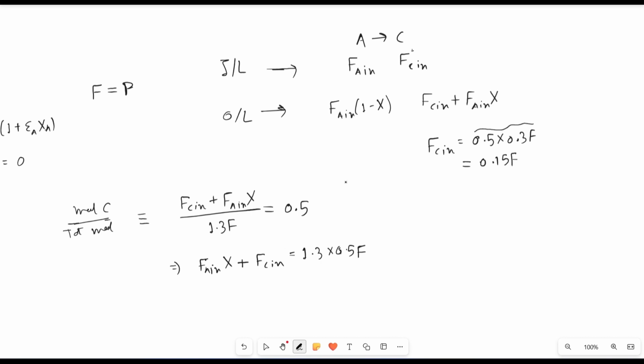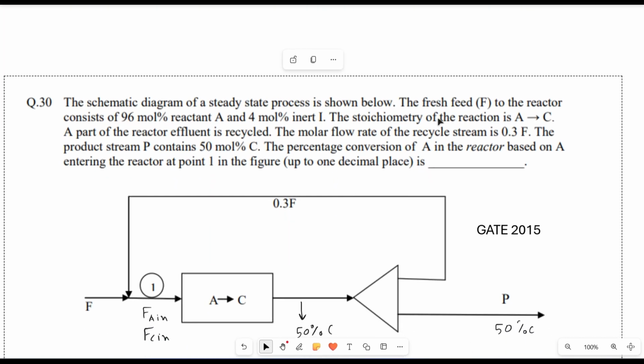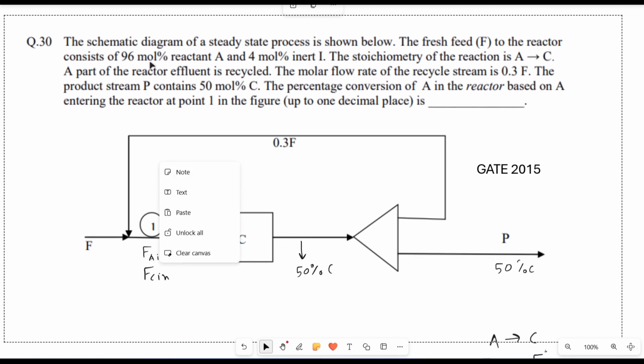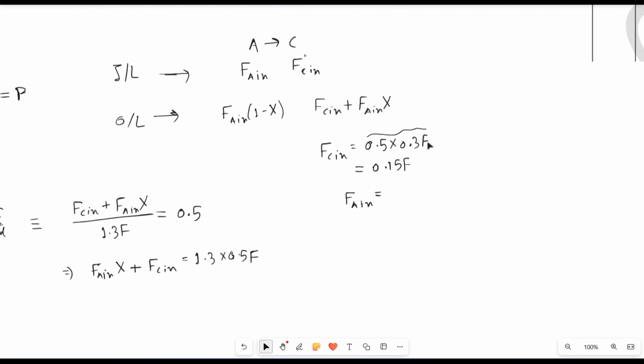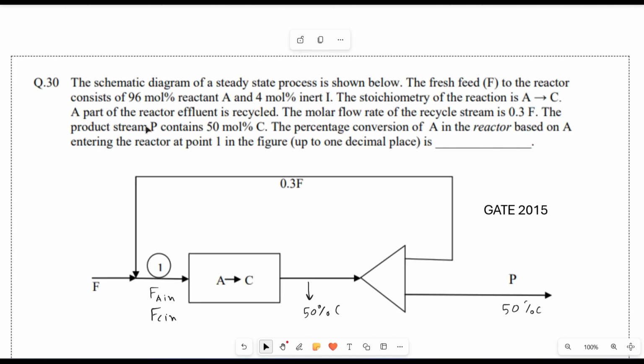Now the inlet of the reactor will have FA in. The fresh feed has 96 mole percent reactant, 0.96 F, and part of the reactor effluent is recycled.